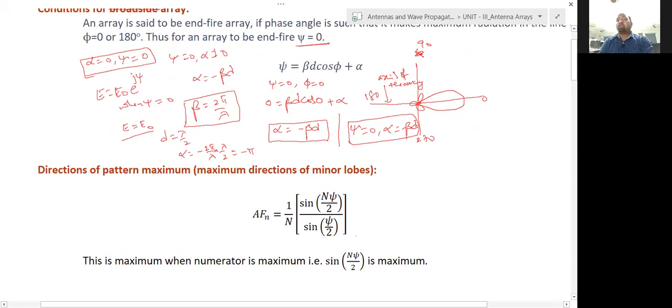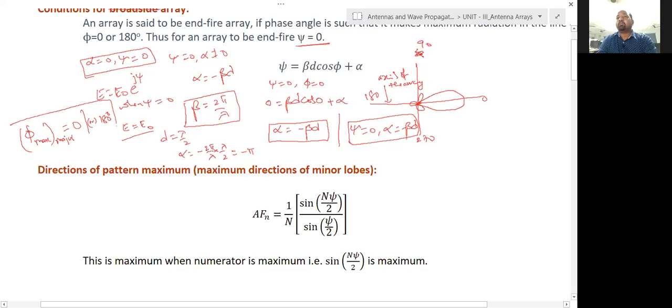So here, what are the maximum directions of major lobe in broadside array? 90 degrees and 270 degrees. And now here, the maximum directions of major lobe is equal to 0 and/or 180 degrees.